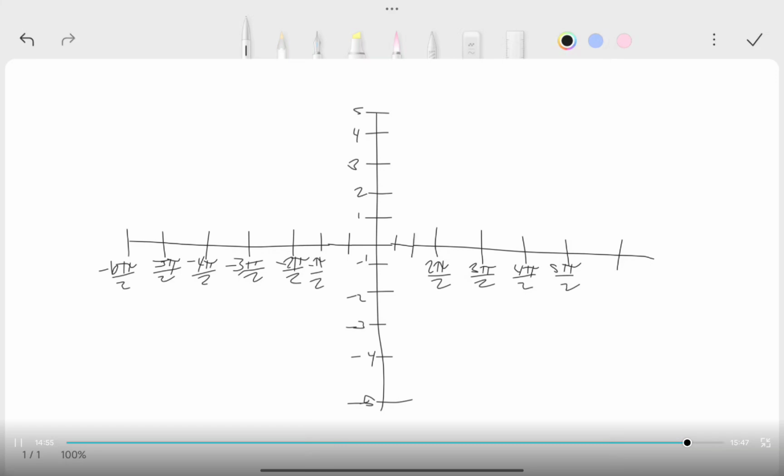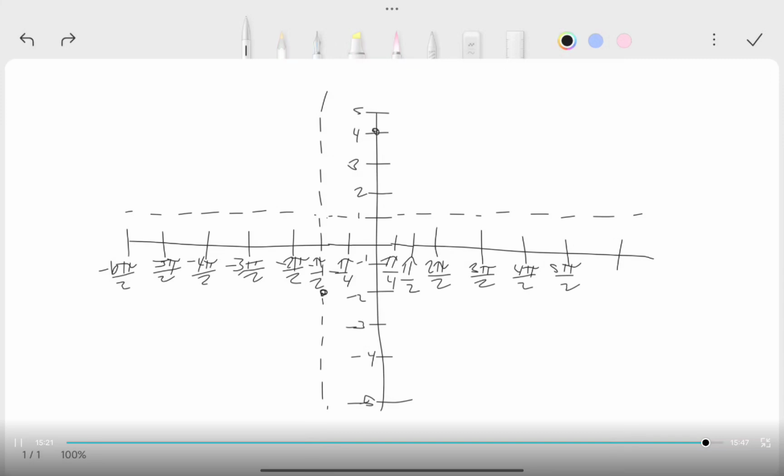So let's analyze the phase shift, which is the move to the left, the negative side, which is the negative pi over 2. Next is the vertical shift, which is the 1 up.